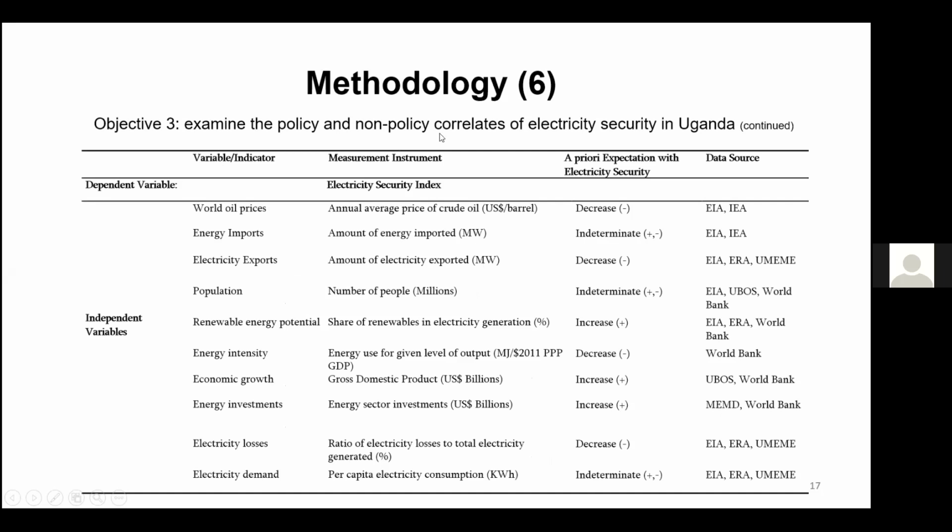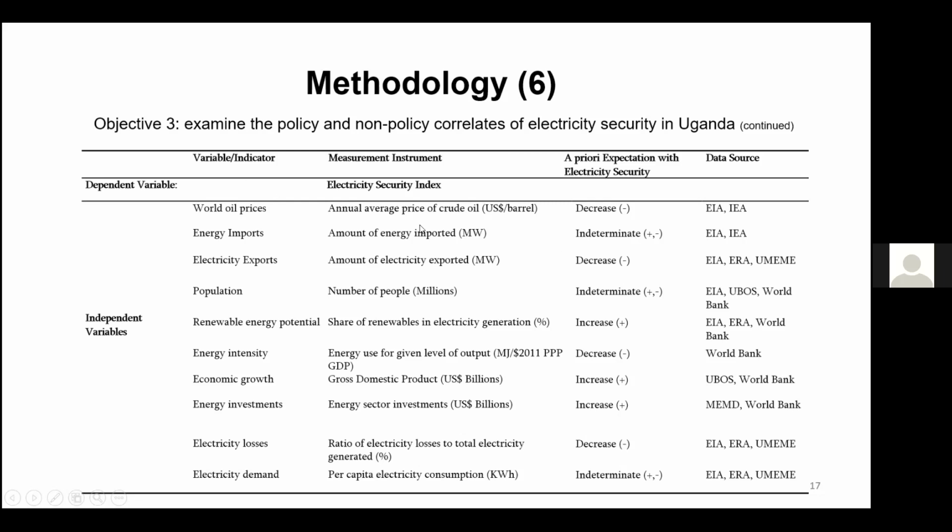Now, for which variables and where I'm picking them and how I'm measuring them, this is where the model is, and these are the variables, and this is where I'm going to collect the data. These are the hypotheses for each of the independent variables. The dependent variable I forgot to mention is going to be the index that was constructed in objective number 2. And then these are the independent variables that are associated with this approach.